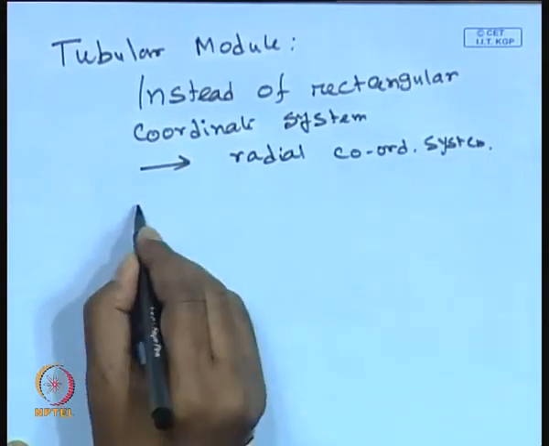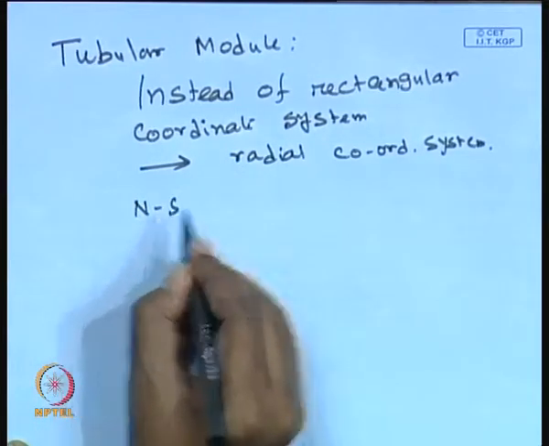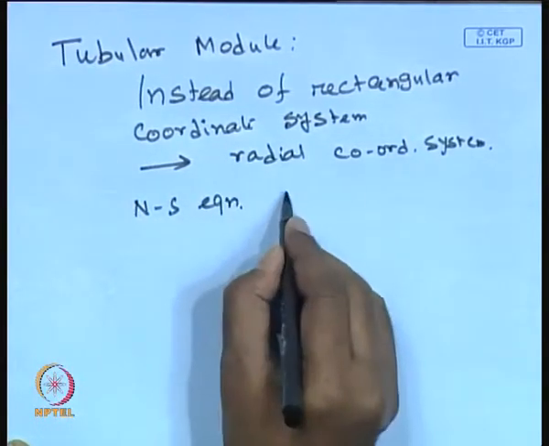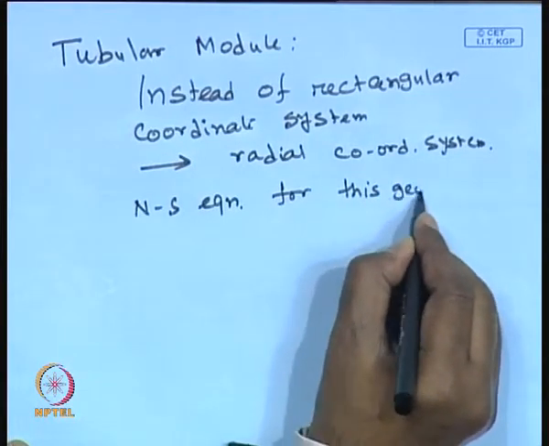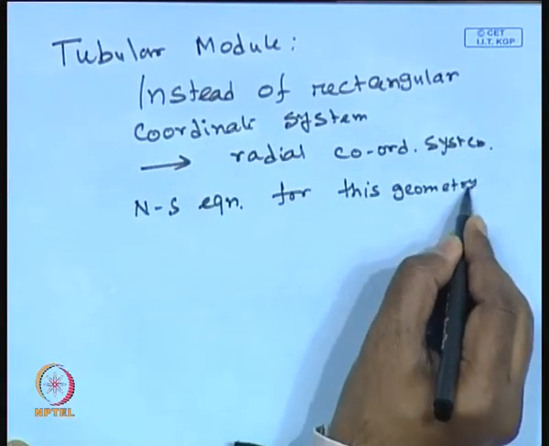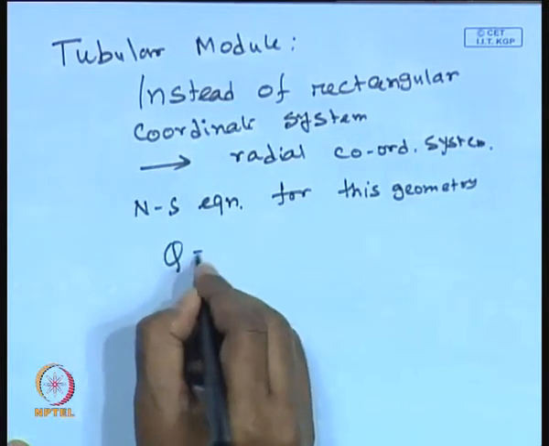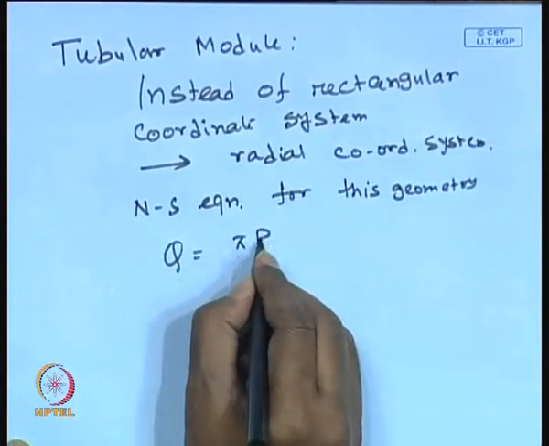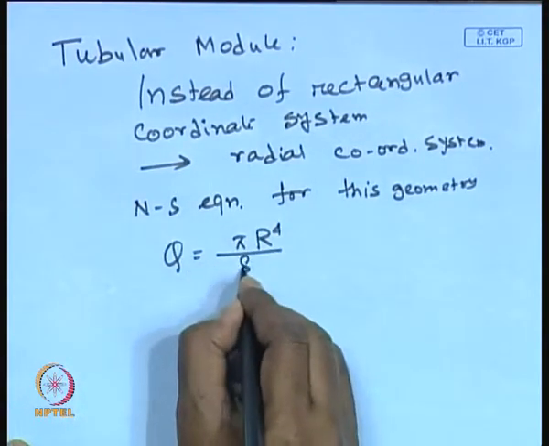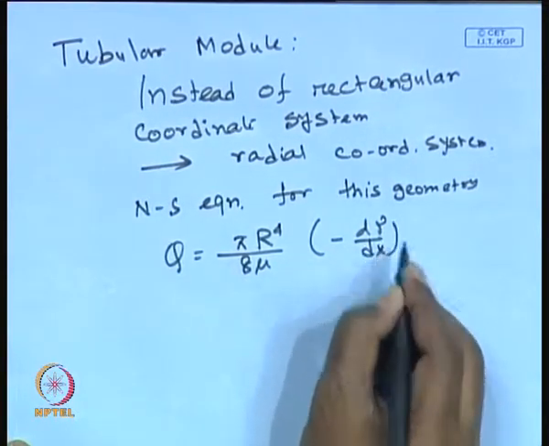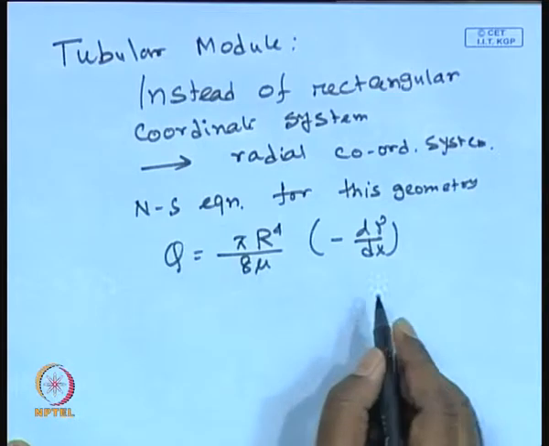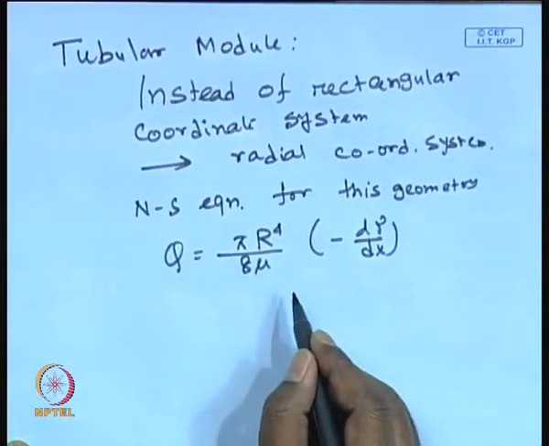The Navier-Stokes equation, or equation of motion, for this geometry gives you Q is equal to pi r to the power 4 divided by 8 mu times minus dp dx. I think it is derived in any standard fluid mechanics book.